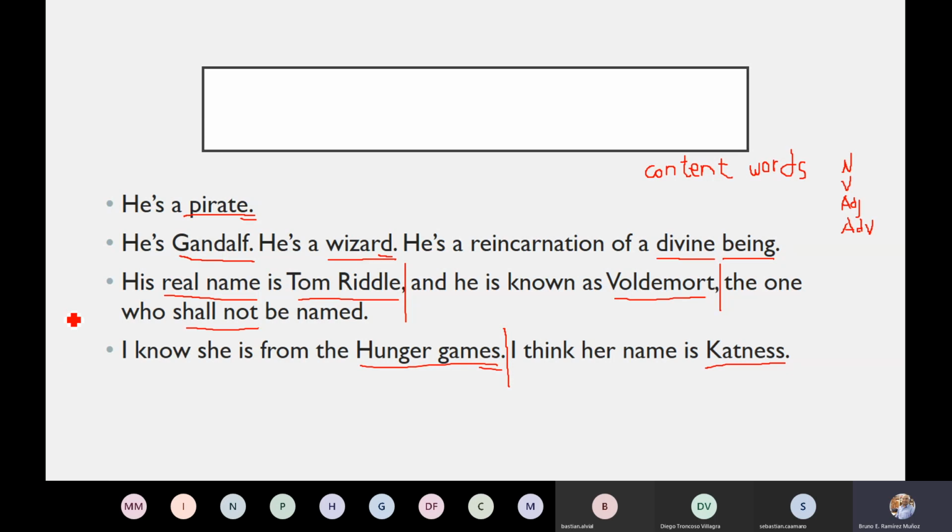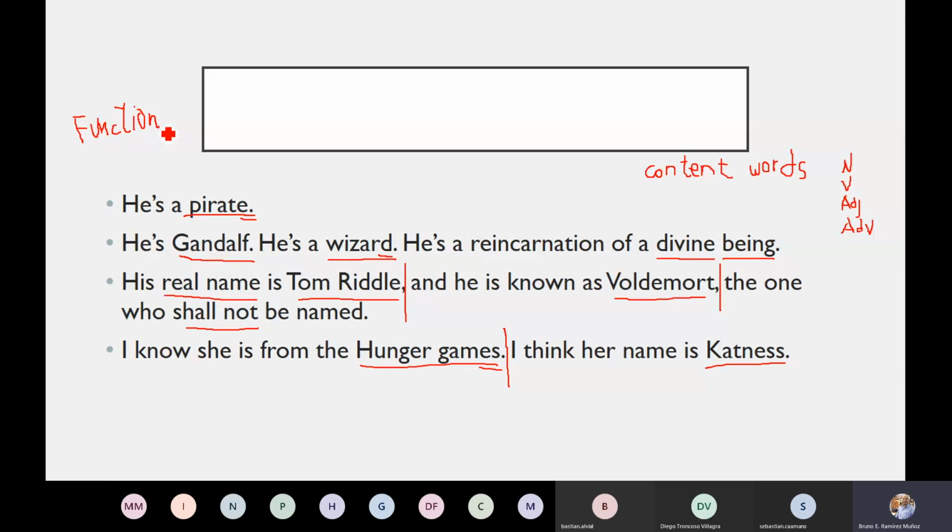The ones that are not stressed, like his, is, okay? All of these are called function words or grammar words. Function words are, for example, auxiliary verbs. When I say auxiliary verbs, I refer to, for example, the first element in the sentence. Do you want some coffee? Do. Or does she have long hair?